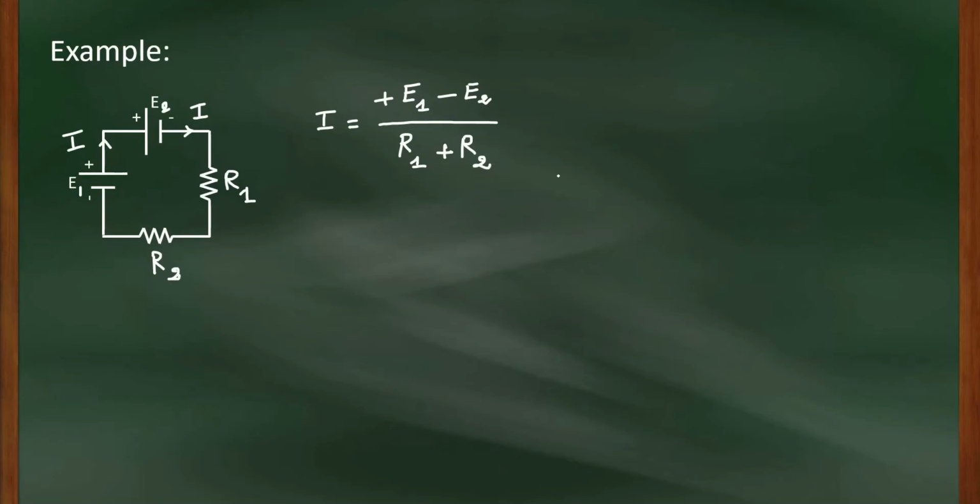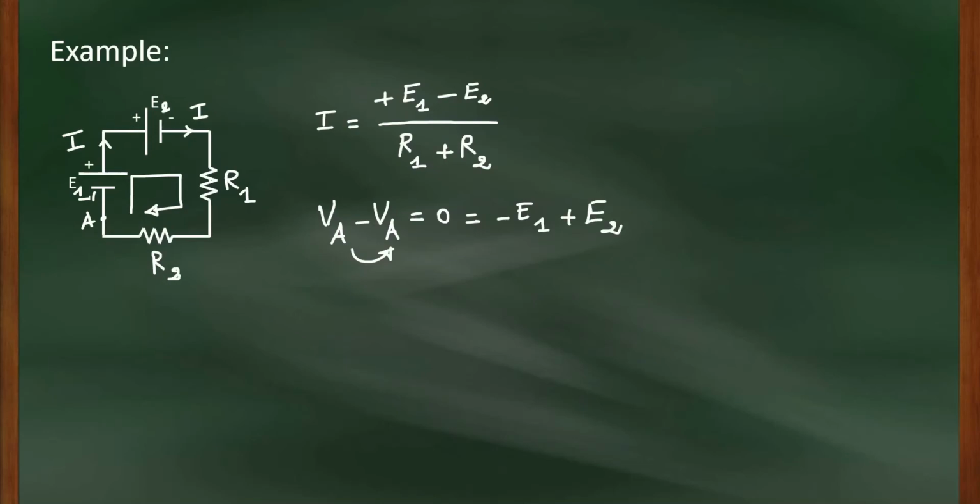I can also use the loop equation if I want. Consider this point. I can choose this path to go from A to A. So the potential VA minus the potential VA, which equals 0, equals: for this path, we enter from this negative terminal, which means I have minus E1 plus E2.